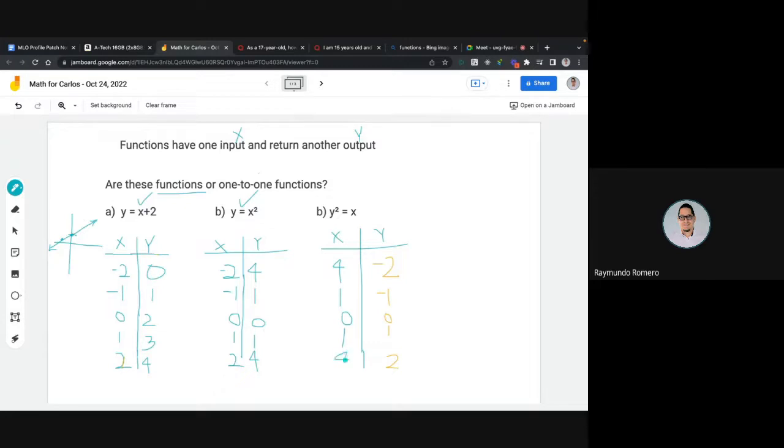And look at this: every time I use 4, both times, they returned a different output. One is negative, one is positive. This is not a function, because the x gets repeated and it returns a different output.